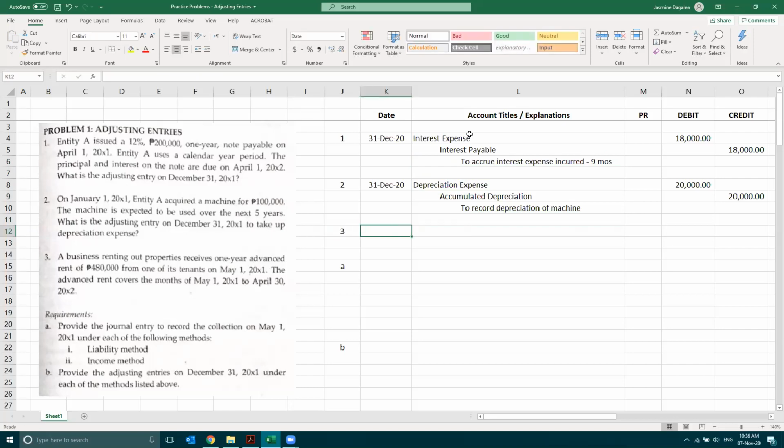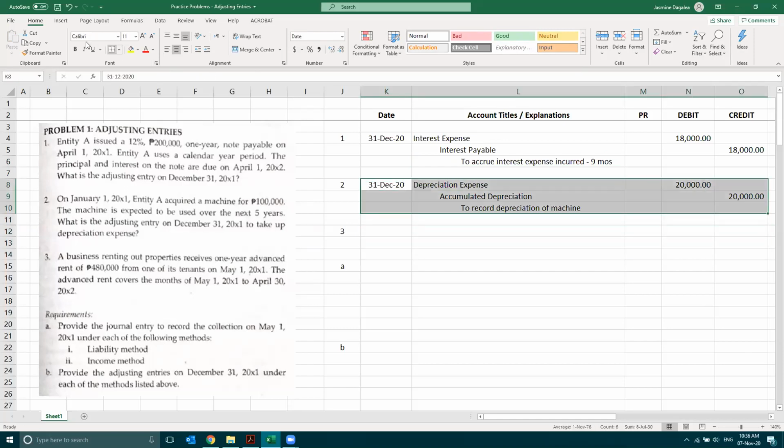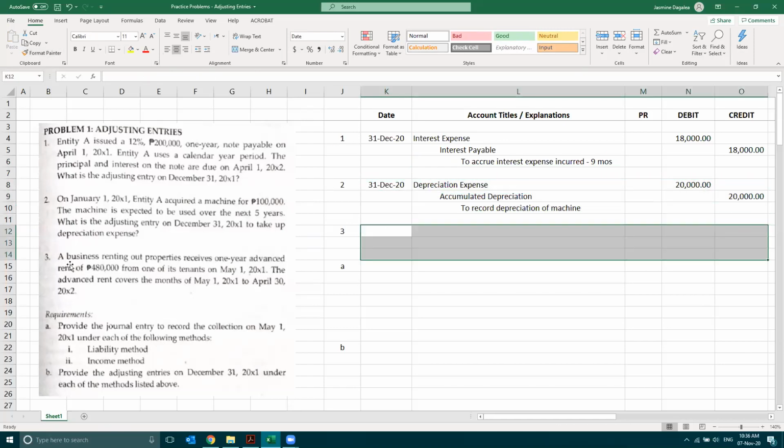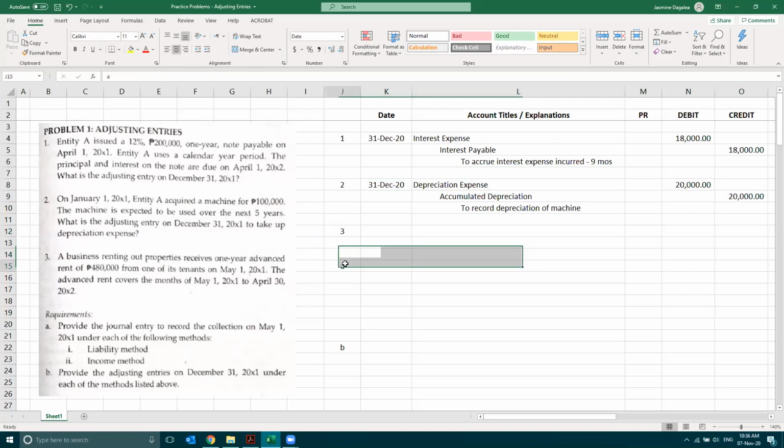And then number 3, a business renting out properties receives 1 year advance rent of 480,000 from one of its tenants on May 1. The advance rent covers the months of May to April next year.